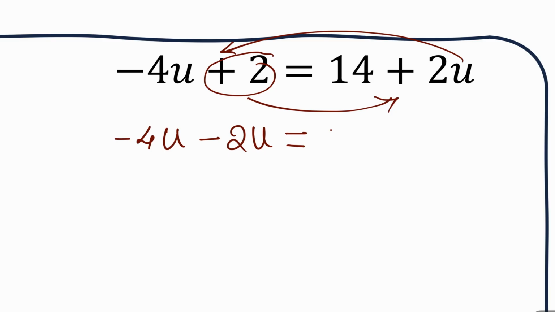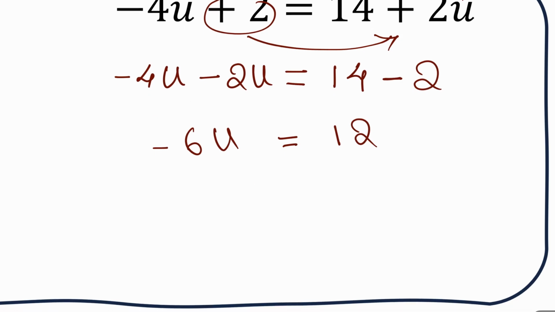So I'm writing 14, and I'm going to move the plus 2 from the left hand side to the right hand side. Positive 2 becomes negative 2. So your left hand side is negative 4u minus 2u. That is negative 6u. It's like negative 4 minus 2. And you have to write u equal 14 minus 2. That is 12.